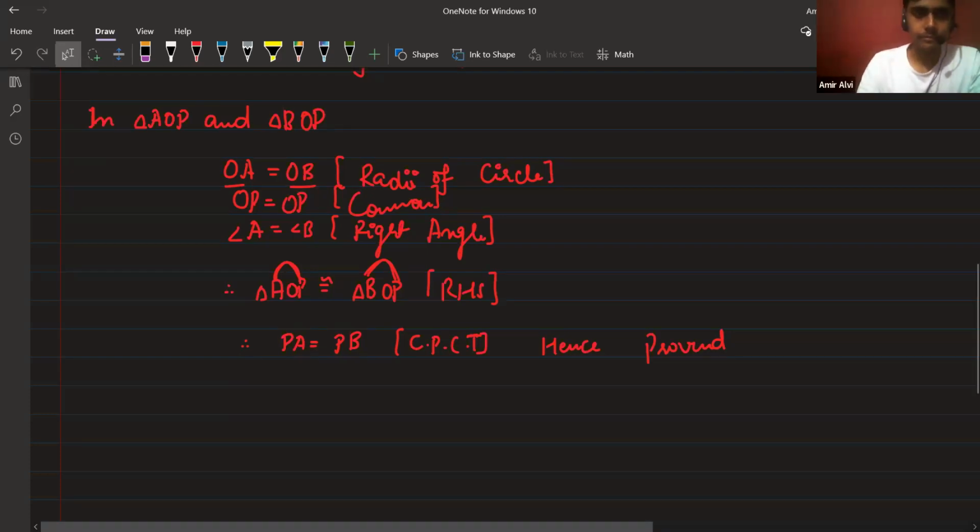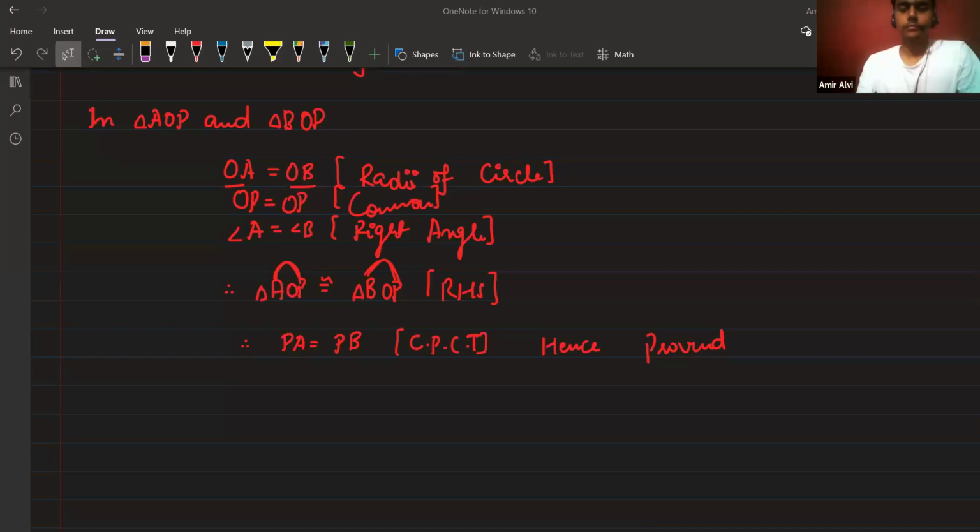Now clear. It's example one of the circles chapter. Let's start first with the basic example and then we'll move forward.